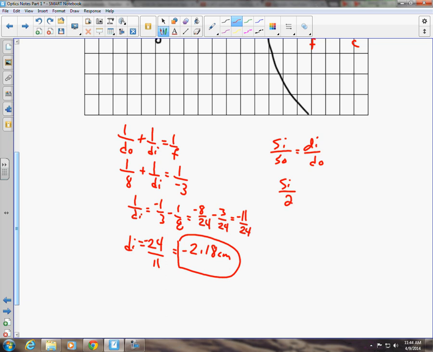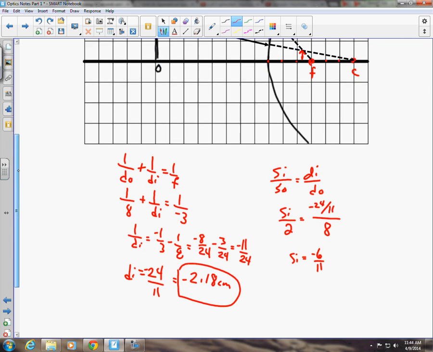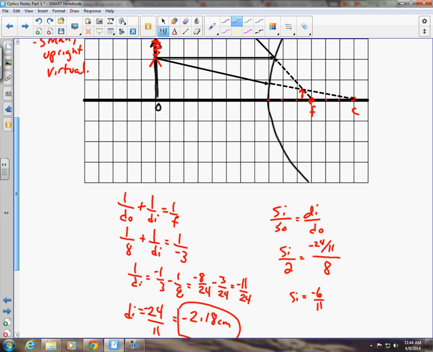Our SO was 2, equals, I'm going to put this in fraction form to make life easier, -24 over 11 over DO, which was 8. And if I do my math right, I'm going to get SI equals 6/11, which is just a little bit bigger than a half. And if I look at my diagram, the height of that object does seem to be about a half, so it looks like it works.